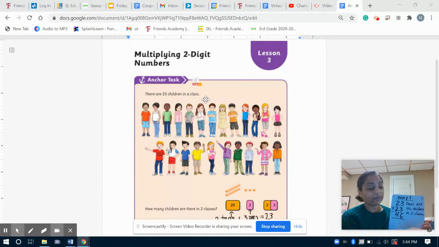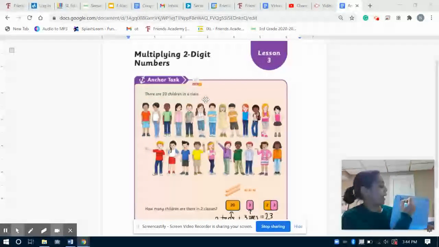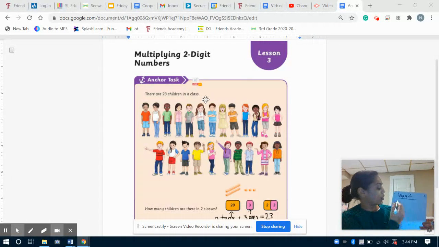So that's one way. Another way you may have solved it is by using base 10 blocks. You have them in your pouch. So another way you could have done this is by showing, and don't forget, this long base 10 block represents 10, and this represents the 1. So we want 23. So you may have shown 23.